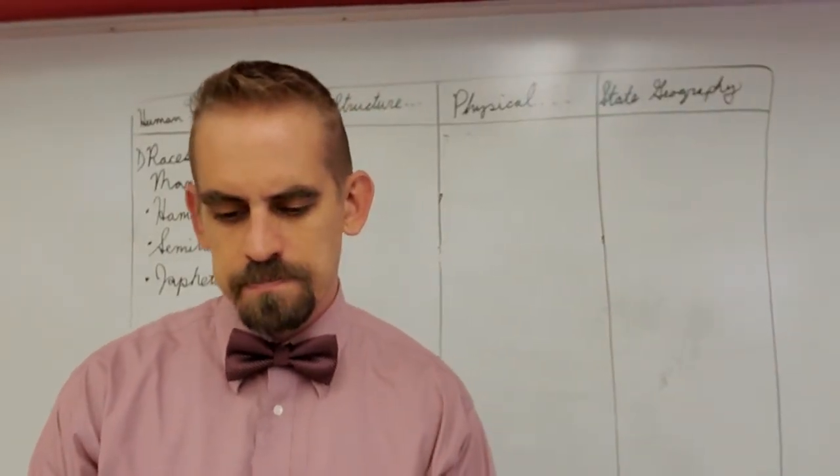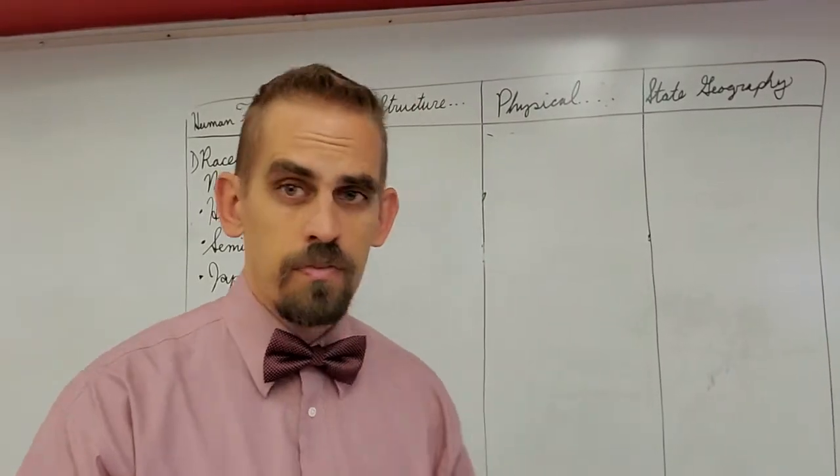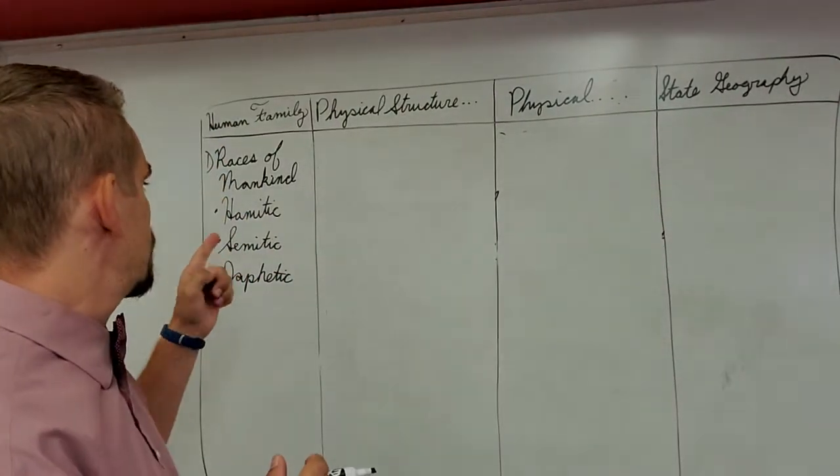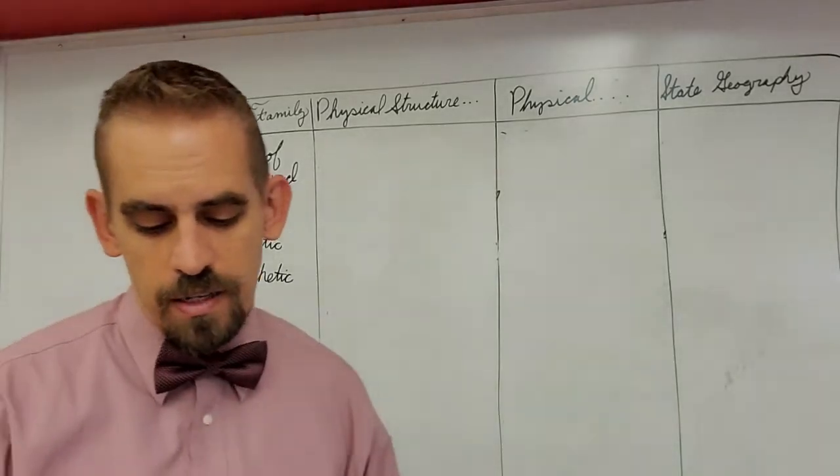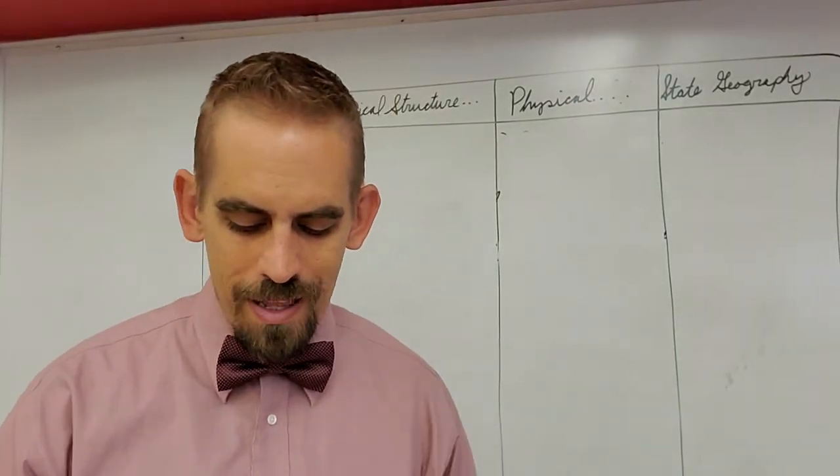From that, let's see. So we have Shem, Ham, and Japheth, the Hamitic, Semitic, and Japhetic. Now let's look at, what about the nations of man?